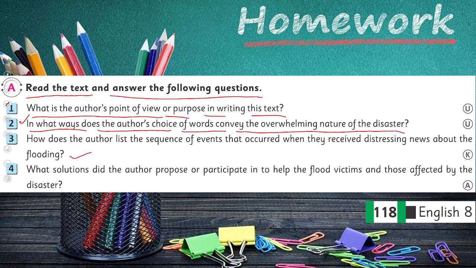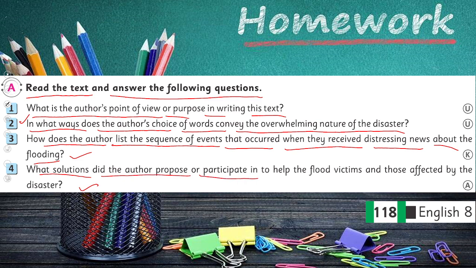The third question is, how does the author list the sequence of events that occurred when they received distressing news about the flooding? And the last one is, what solutions did the author propose or participate in to help the flood victims and those affected by the disaster?